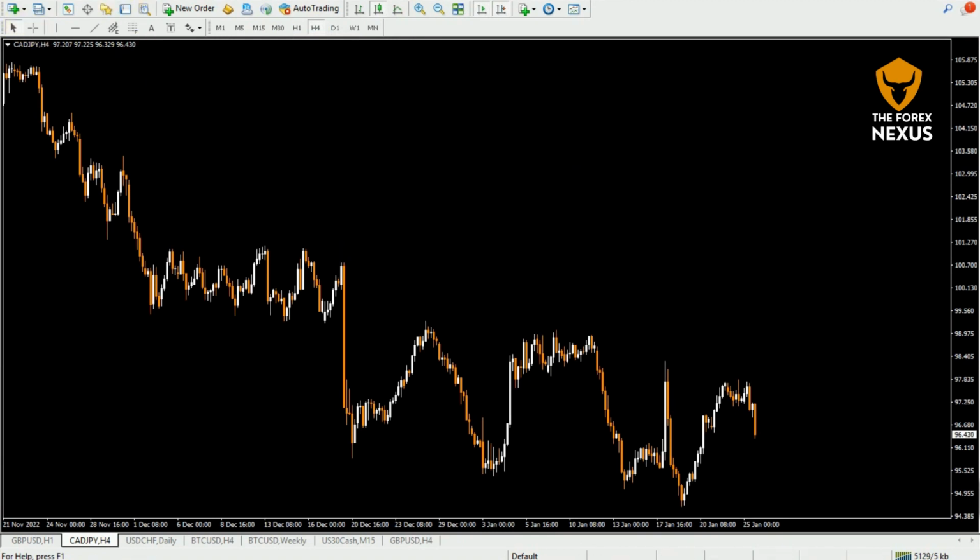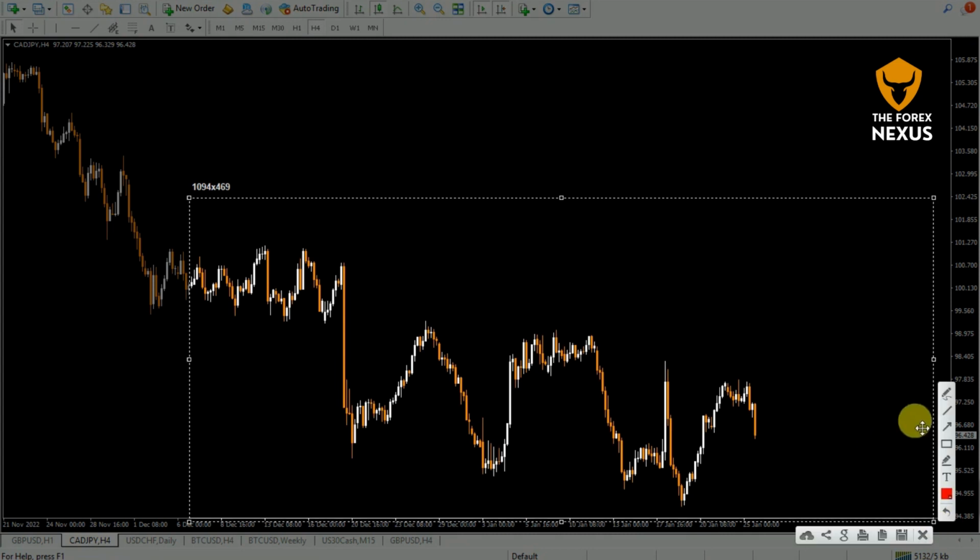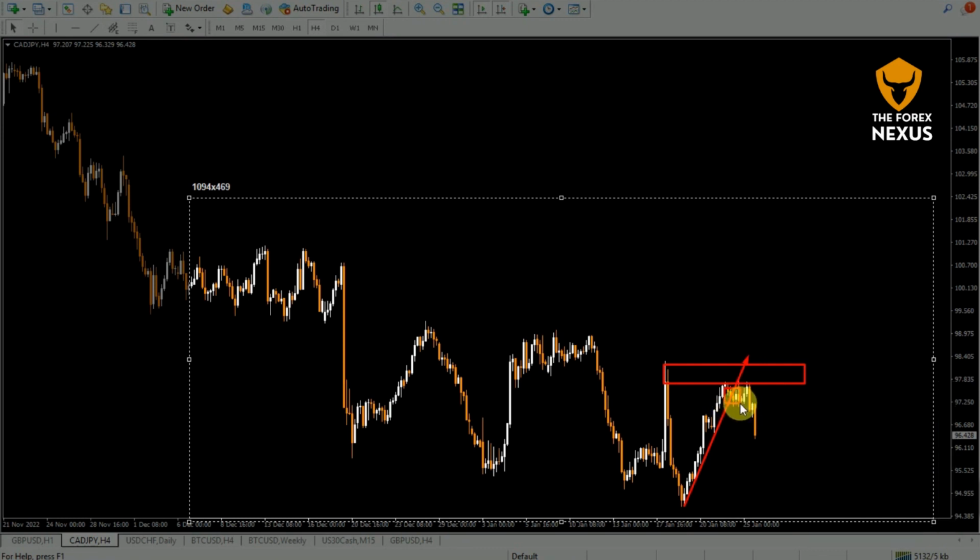Let me mark the demand zones and supply zones on the H4 time frame. Here we got a trend breakout on the supply zone. We got a breakout at this point, then the market tested the supply zone and dropped.